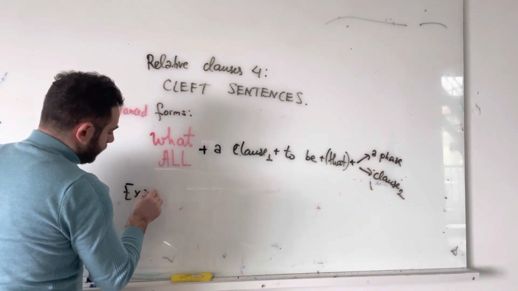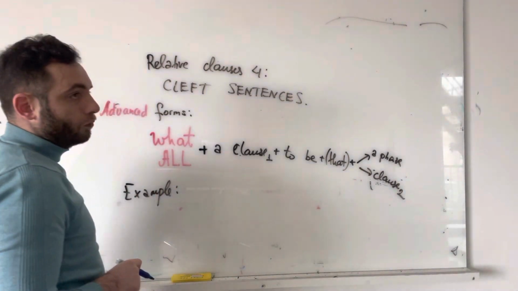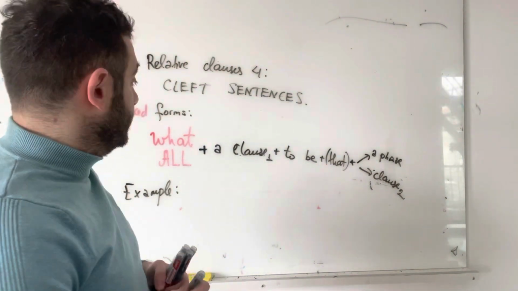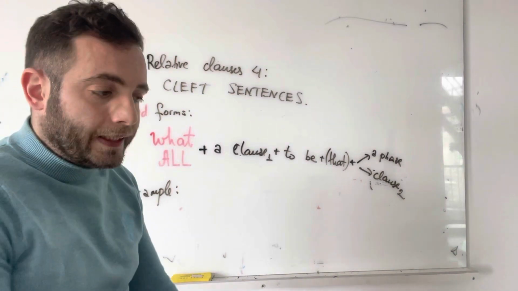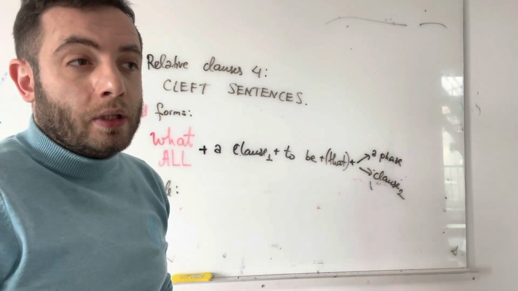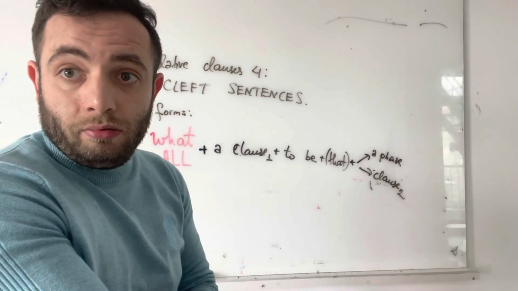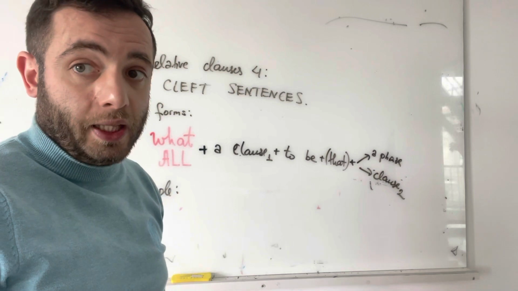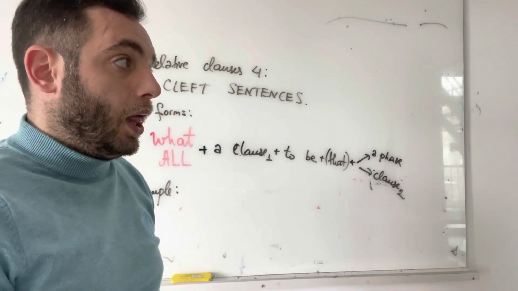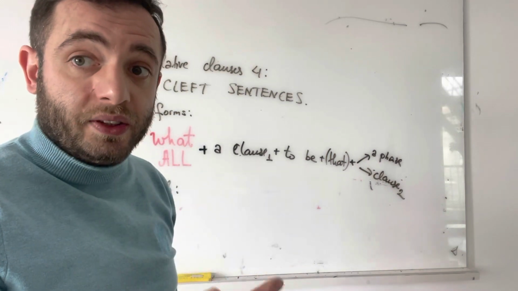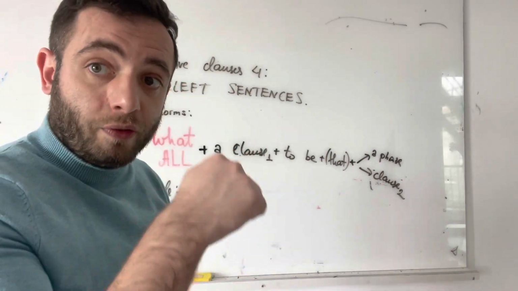Example. So what here, if what is the subject of a sentence, can be understood or meant in a single or plural form. It depends on what you mean before making your sentence.